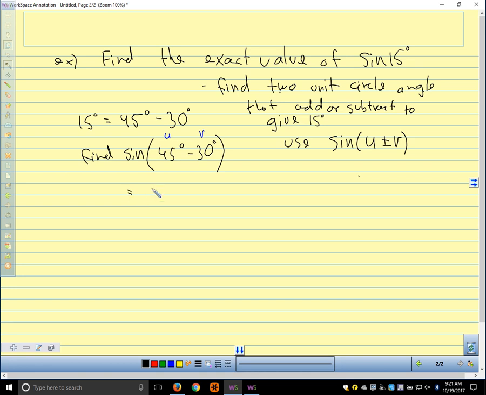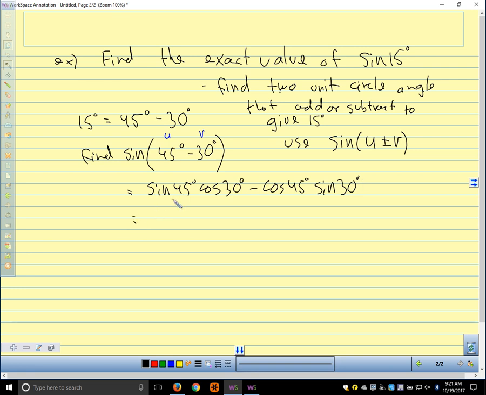So this is going to equal the sine of 45 cosine 30 minus cosine 45 sine 30. And now we have a nice unit circle problem.